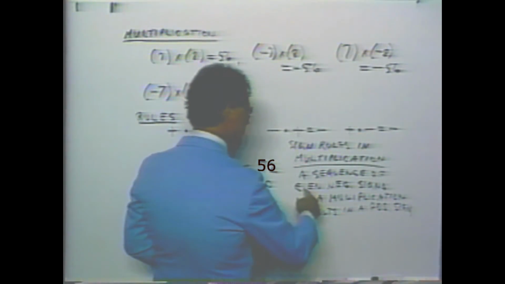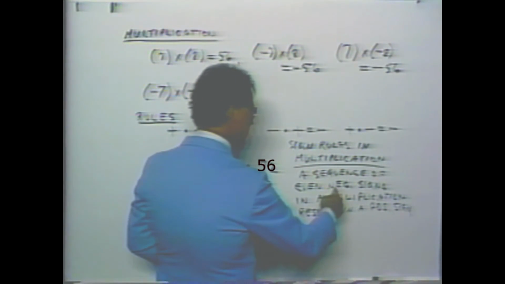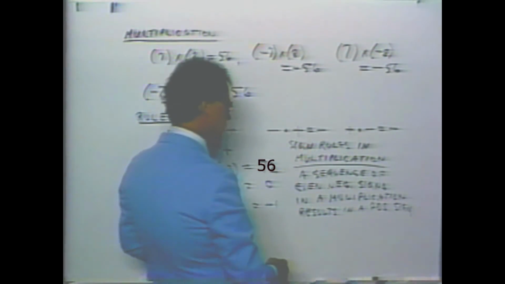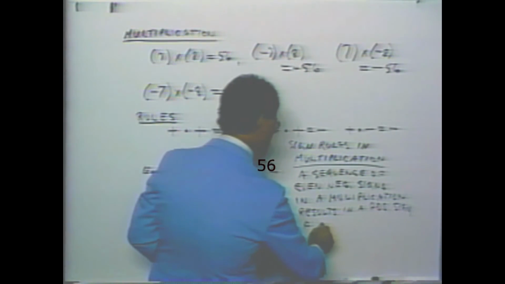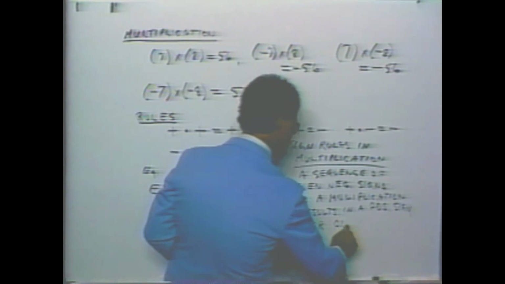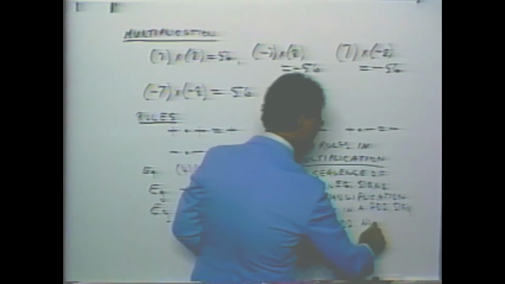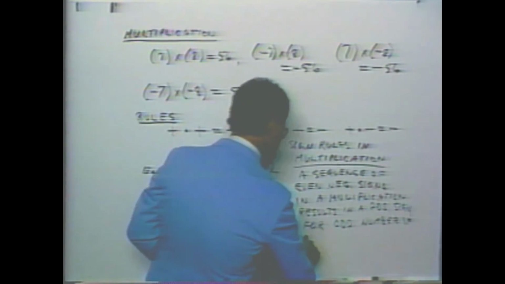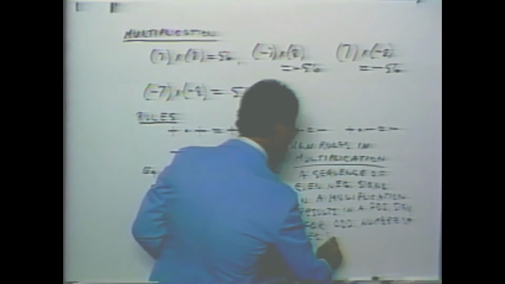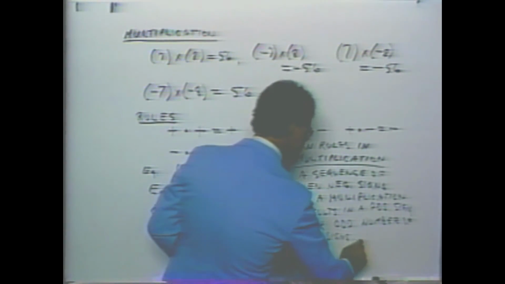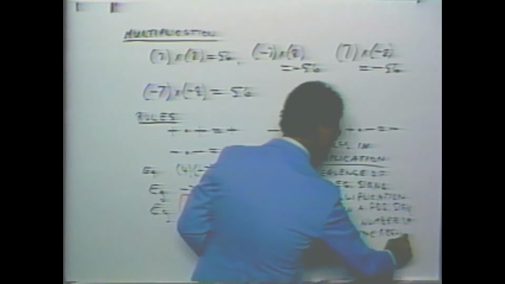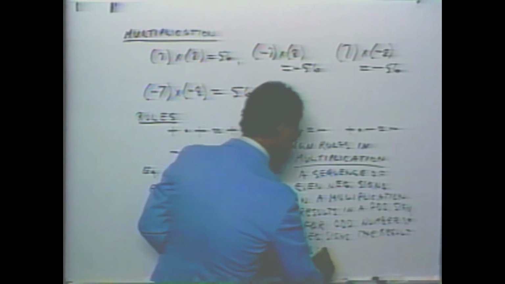If the sequence is odd negative signs, then the result is a negative sign. For odd number of negative signs, the result is negative.